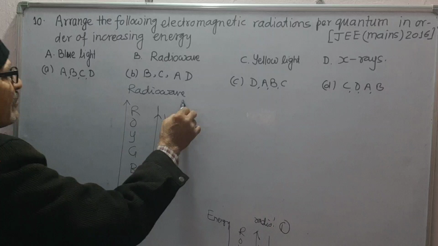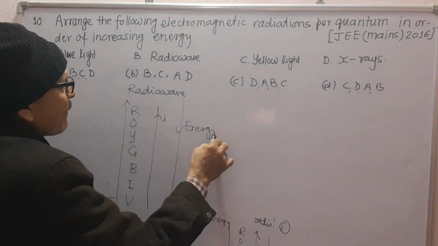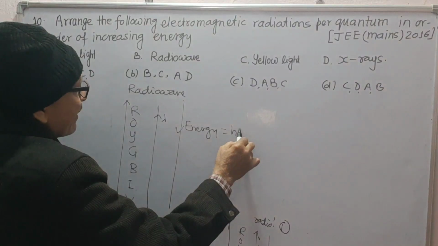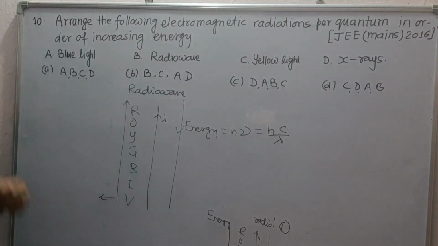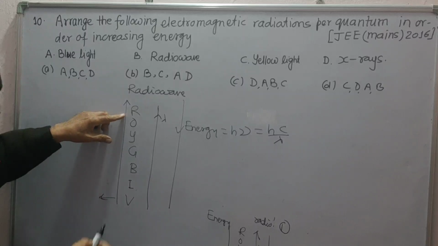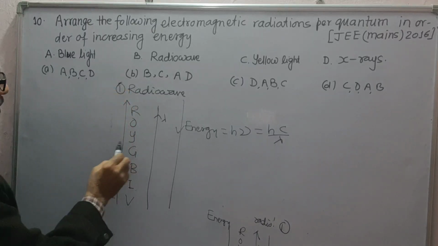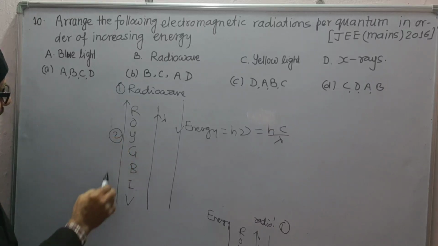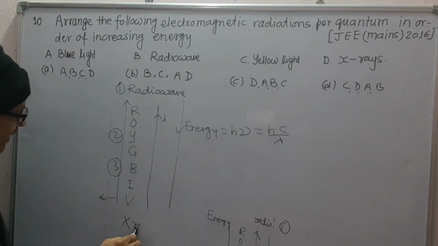Energy will be equal to h nu, which is h c upon lambda. So, in order of energy: number 1 radio wave, number 2 yellow light, number 3 blue light and number 4 X-rays.